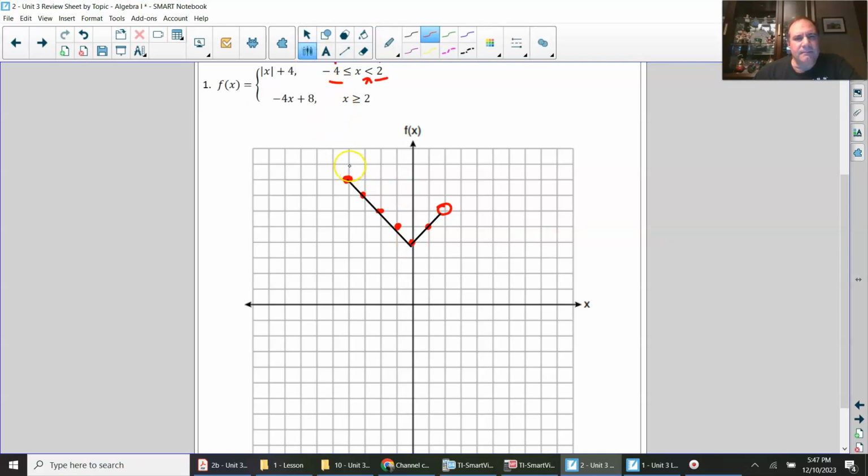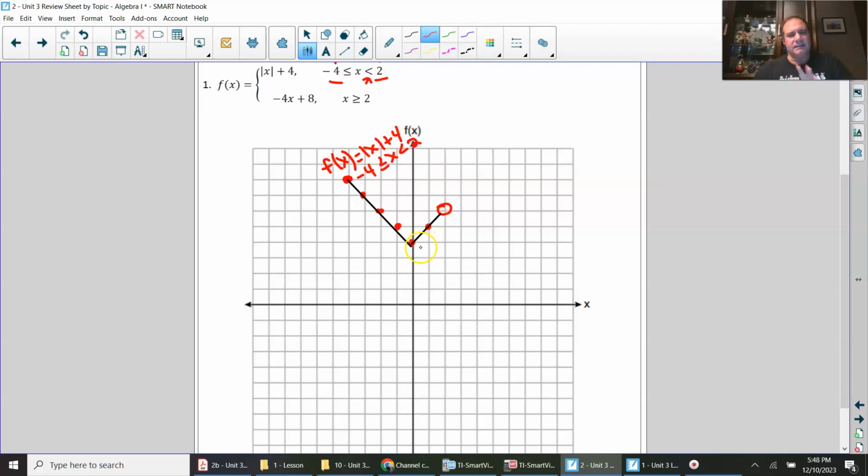And then I'm going to label it f of x equals the absolute value of x plus 4 with the domain of x is greater than or equal to -4 and less than 2.